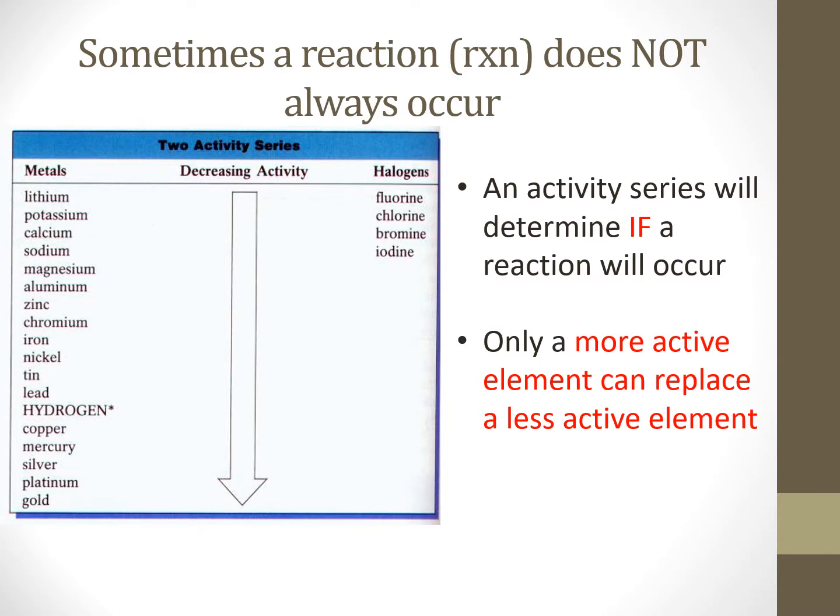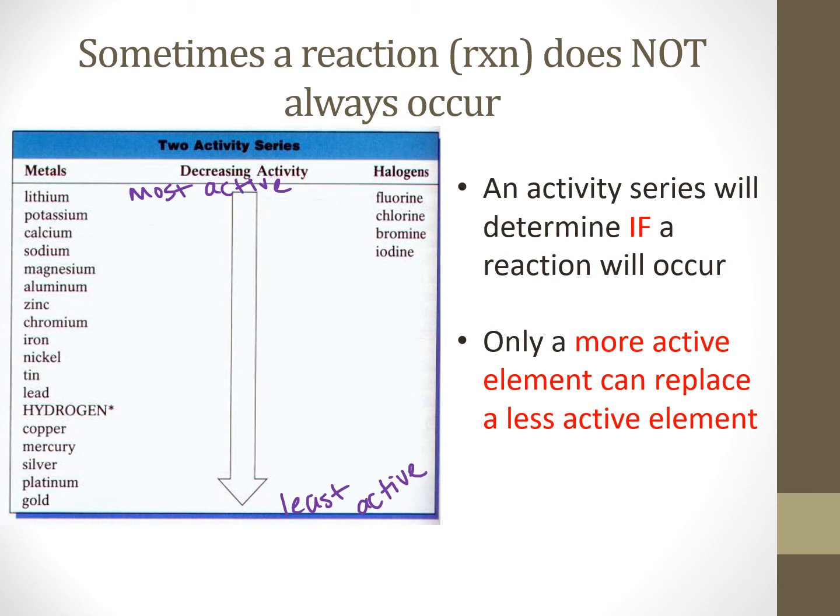So what's important in a single replacement reaction is you need to follow what's called an activity series. So the activity series you should always have on hand. You don't need to memorize it. So this will determine if a reaction occurs. So the most active elements are at the top and the least active elements are on the bottom.